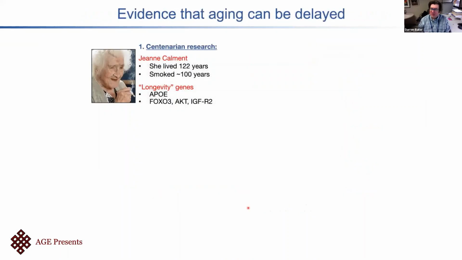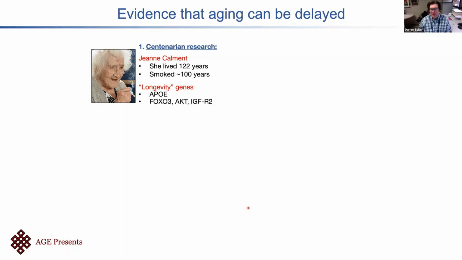There's some evidence, or at least suggestions, that there is an ability to attenuate the rate of aging. A number of people are studying people of extended longevity who live to excessively long ages, over 100 years, called centenarians.